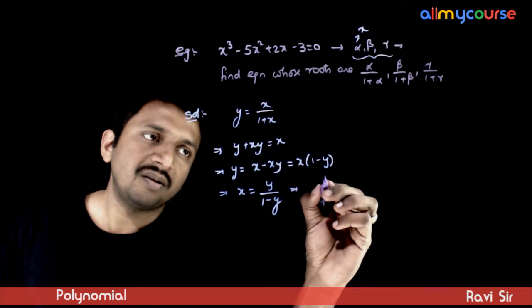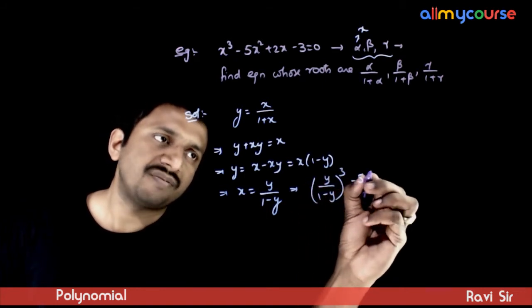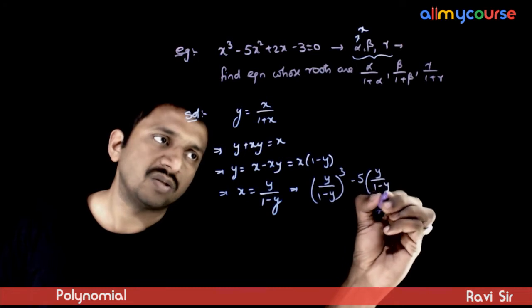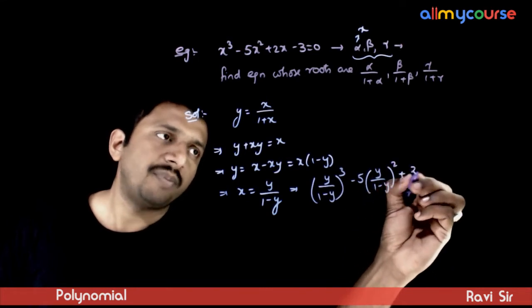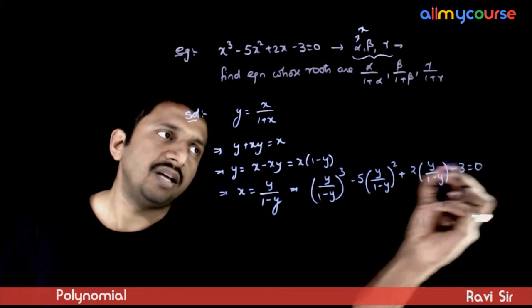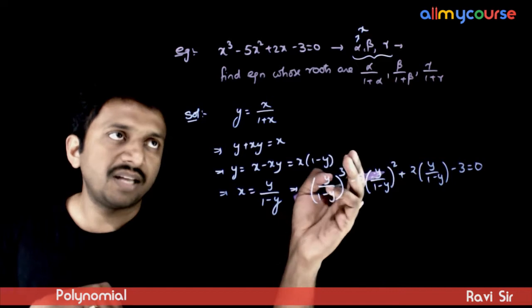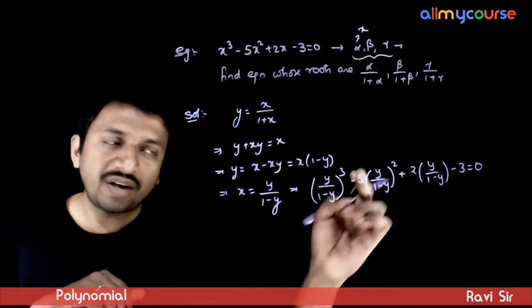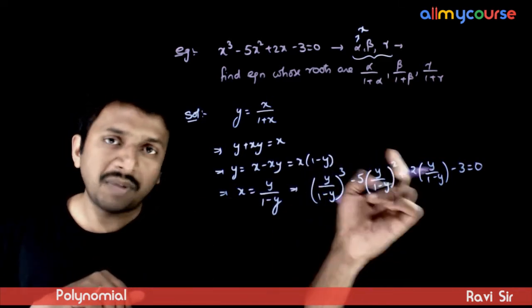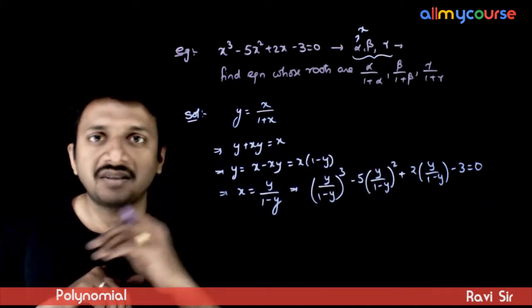This implies y by 1 minus y whole cube minus 5 times y by 1 minus y whole square plus 2 times y by 1 minus y minus 3 is equal to 0.